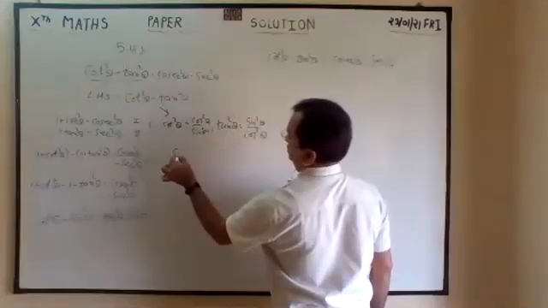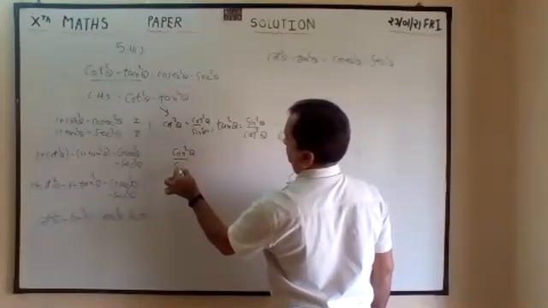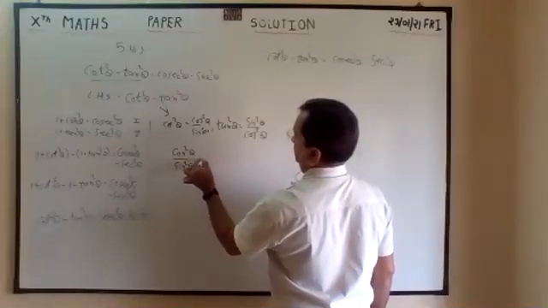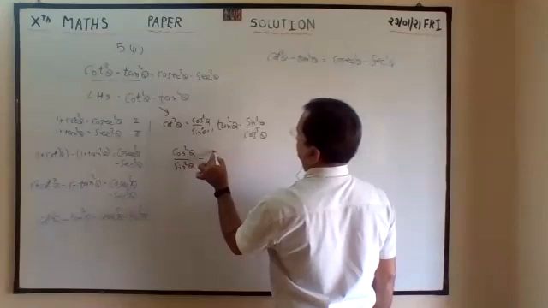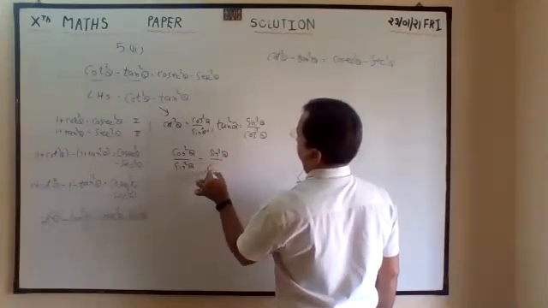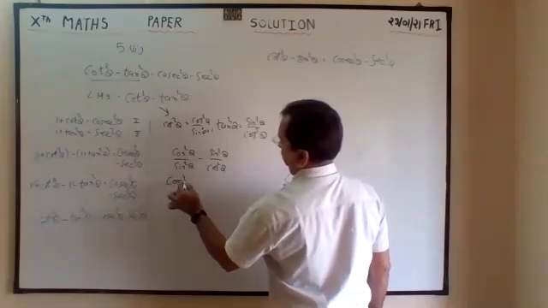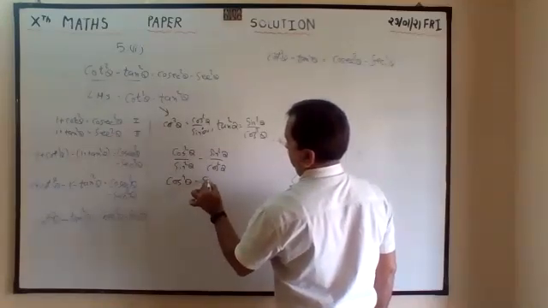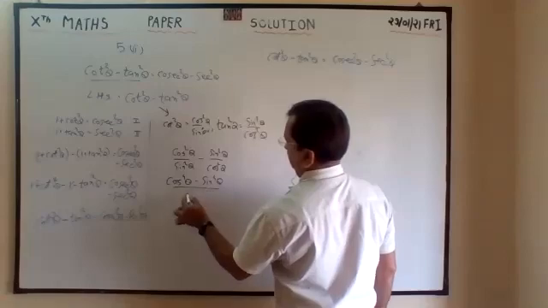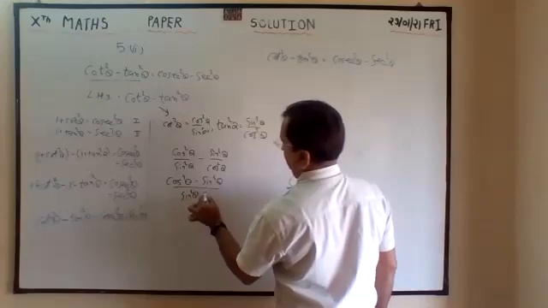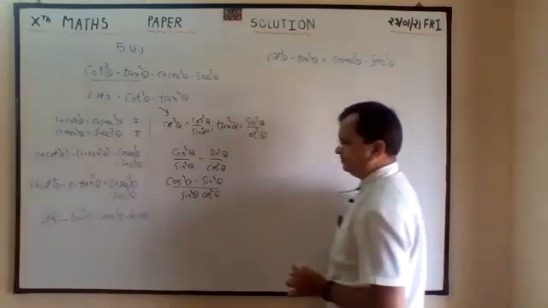Now substitute: cos square theta by sin square theta minus sin square theta by cos square theta, cross product. So cos raised to 4 theta minus sin raised to 4 theta by sin square theta cos square theta.